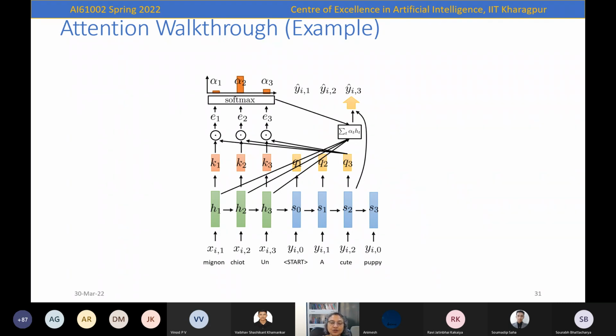When you're trying to output the word bird, you would like to focus on that part of the image where the object bird is present, and that is possible by this attention mechanism. And if you're trying to generate a translation in the target language, you want to focus more on the phrase bird than the tree when you are generating the corresponding output. So this is what attention lets us do, and thus attention is a very powerful concept. Are there any questions?